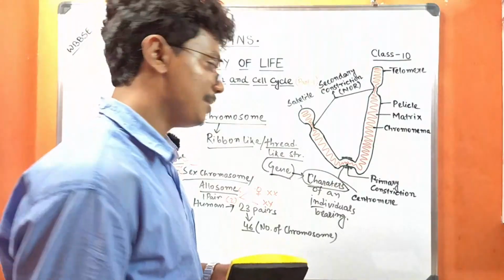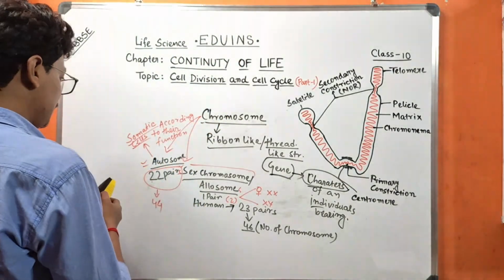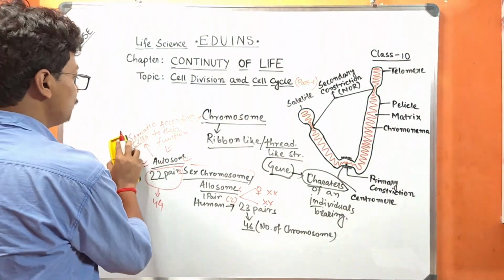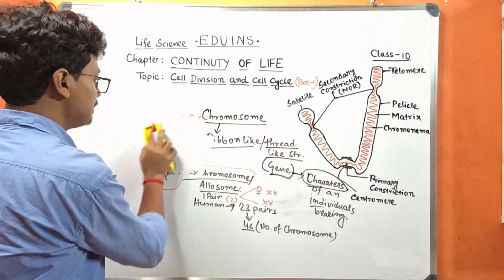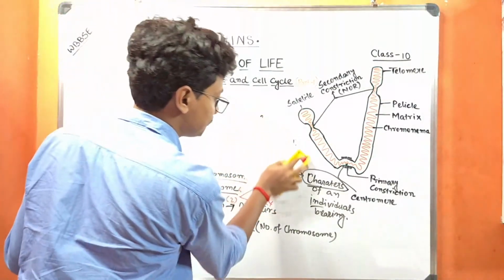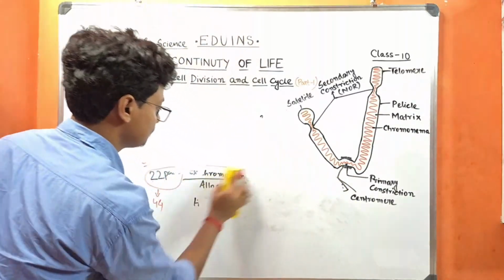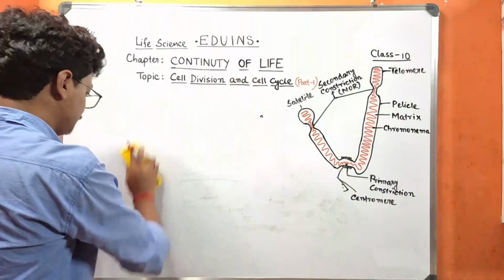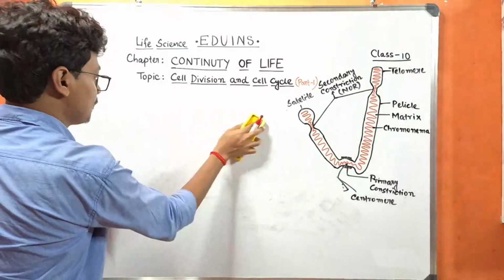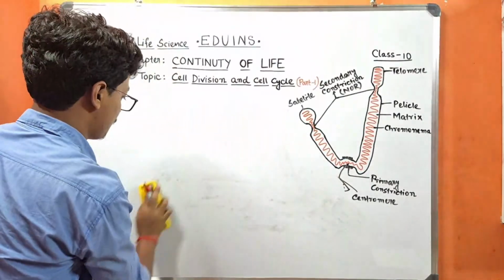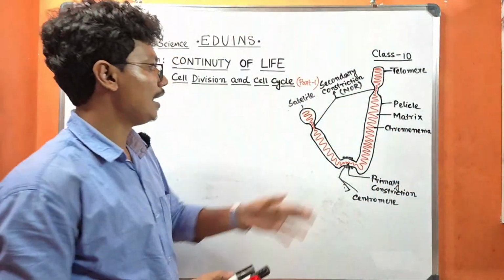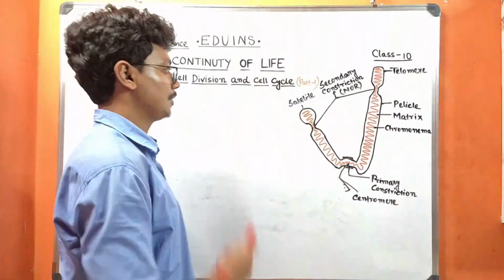So what is the primary structure of a chromosome? Here I have drawn a chromosome.